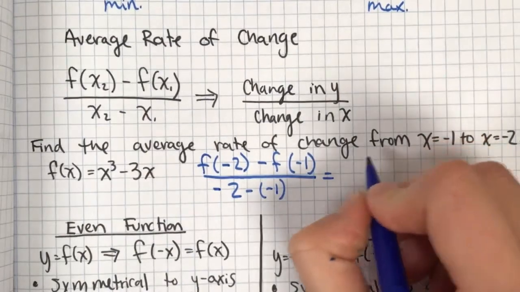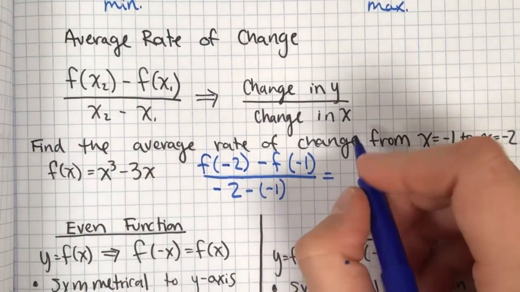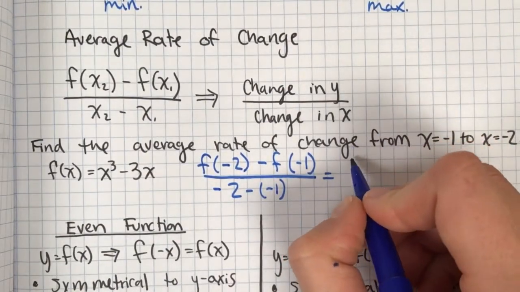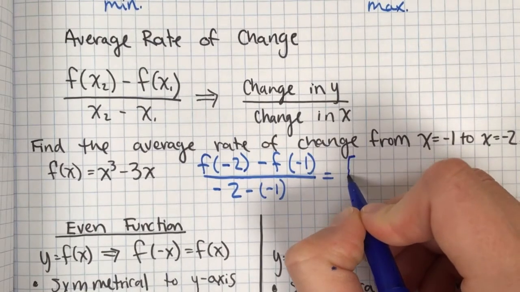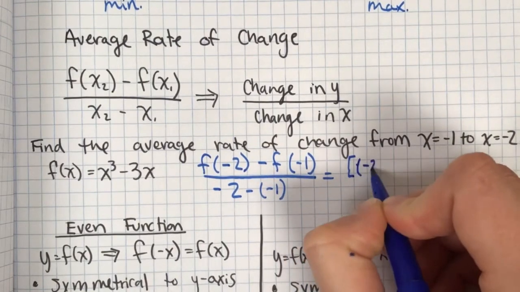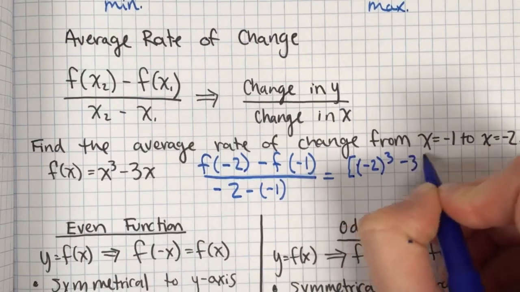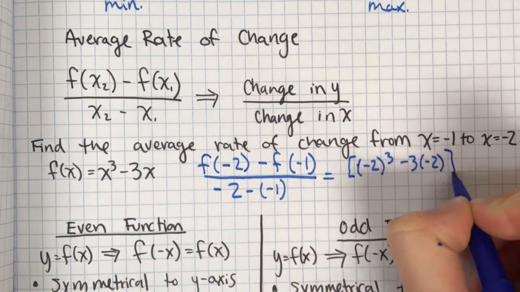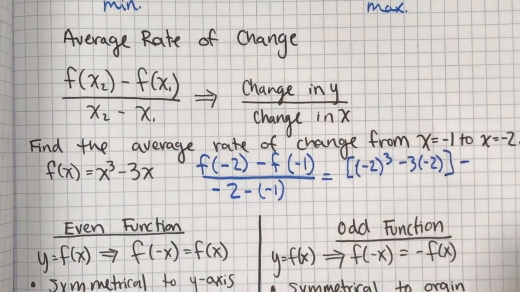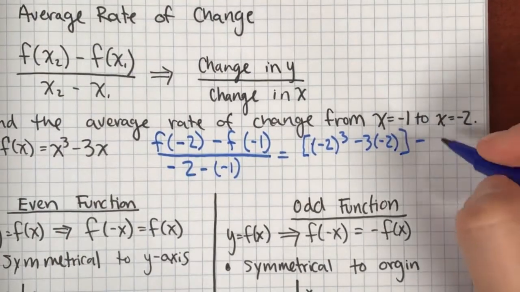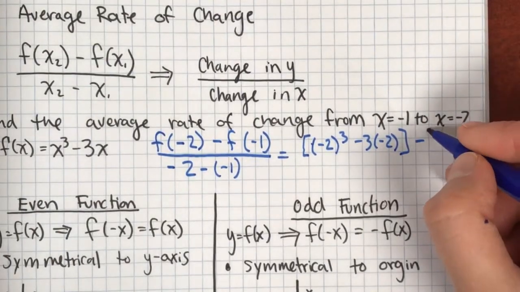All right, so we're going to plug -2 into our equation. So -2 cubed minus 3 times -2 minus, and then we do that with our -1.